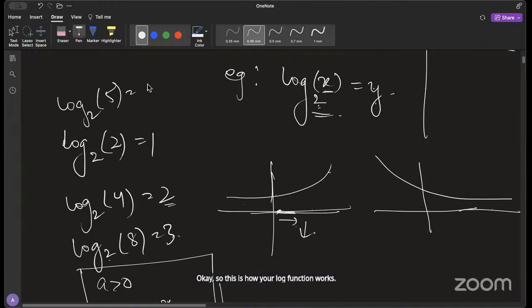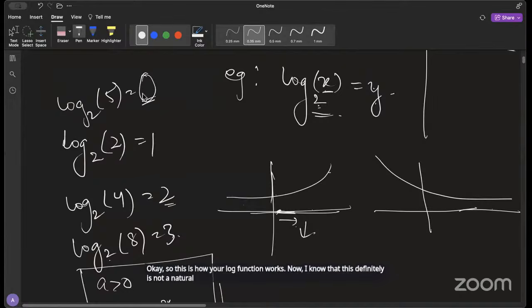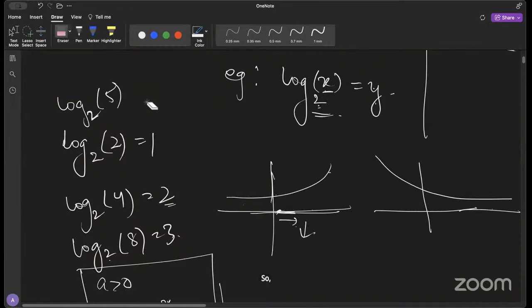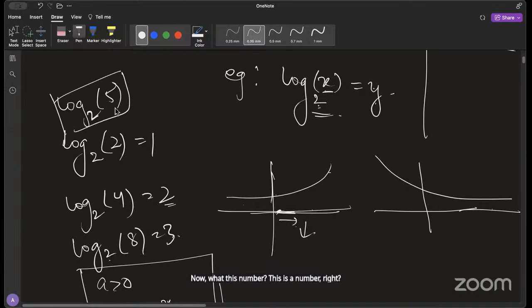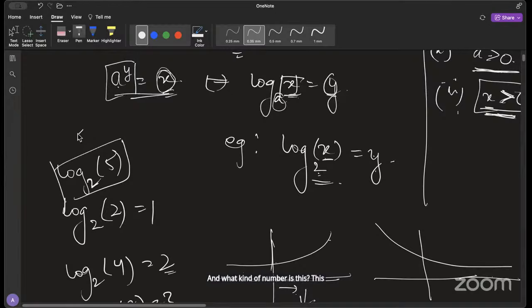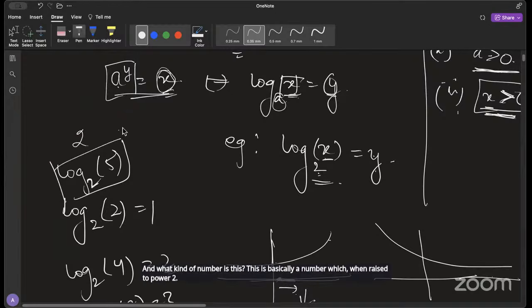Now, I know that this definitely is not a natural number, but there is some number which when raised to power 2 will give you 5. And this is that number. What kind of number is this? This is basically a number which when raised to power 2 gives you 5.